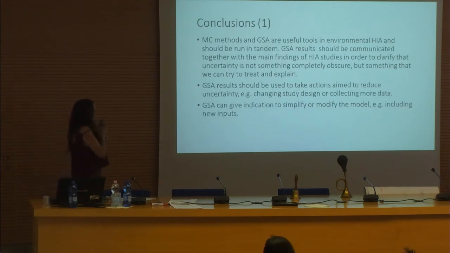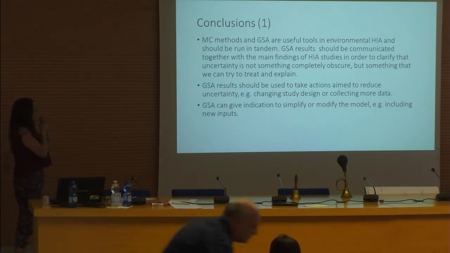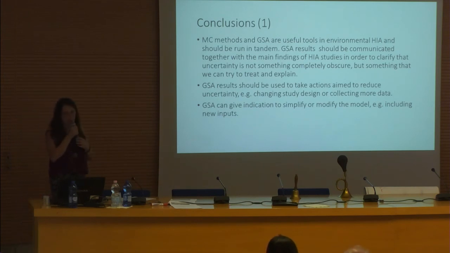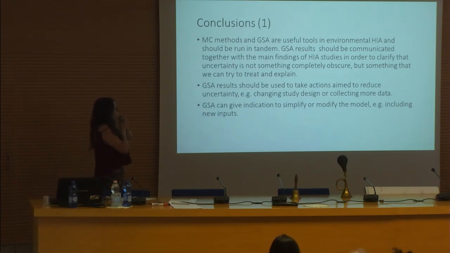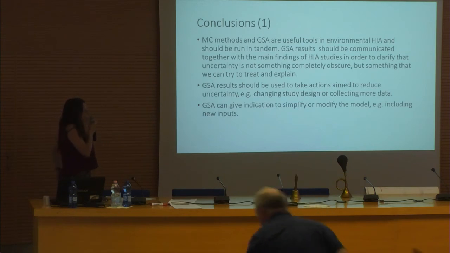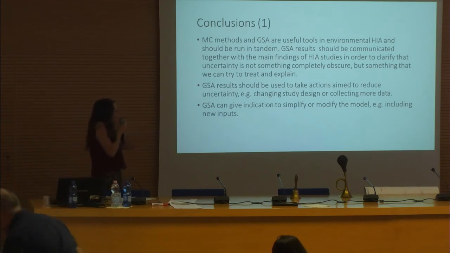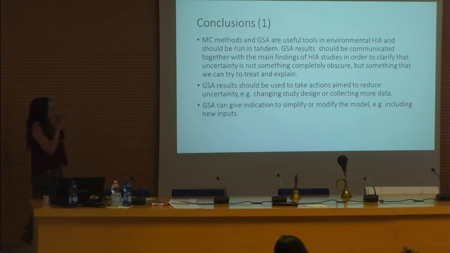So, general conclusions. Monte Carlo methods and global sensitivity analysis are useful tools in environmental health impact assessment and should be run in tandem. Moreover, global sensitivity analysis should be communicated together with the main findings of health impact assessment in order to show that, in some sense, uncertainty is not completely obscure, but can be treated and explained.